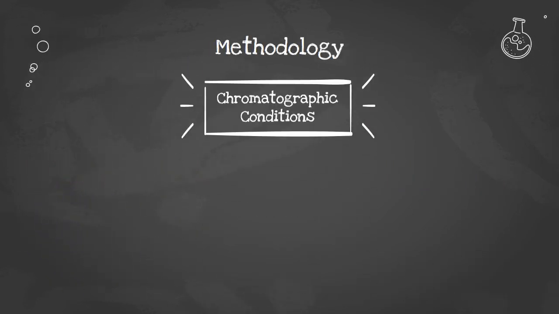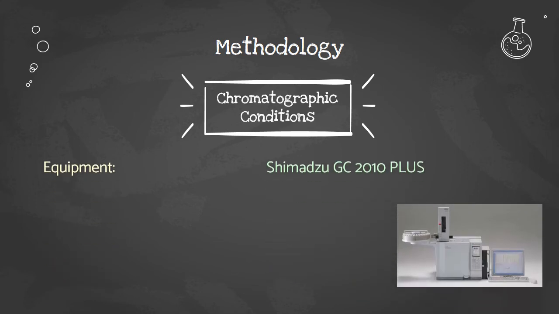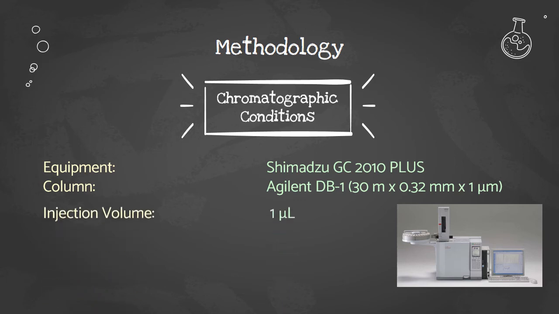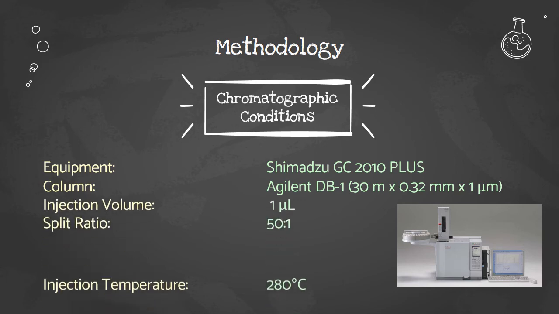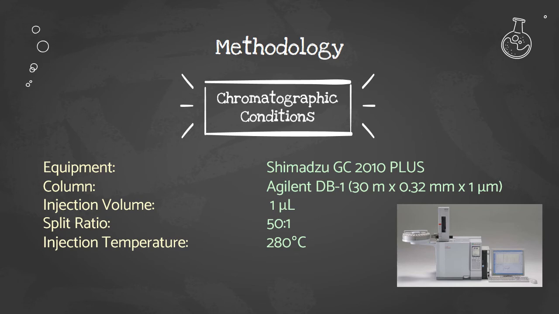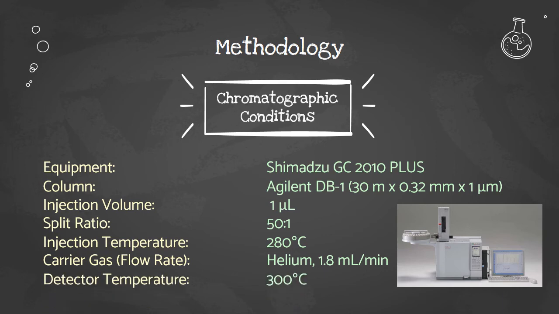All measurements were performed with a Shimadzu GC 2010 Plus GC-FID system, using an Agilent DB-1 column. The optimized conditions were: injection volume, 1 microliter in split mode 50:1, injector temperature, 280 degrees Celsius, carrier gas, helium at a constant flow of 1.8 milliliters per minute, and detector temperature, 300 degrees Celsius.